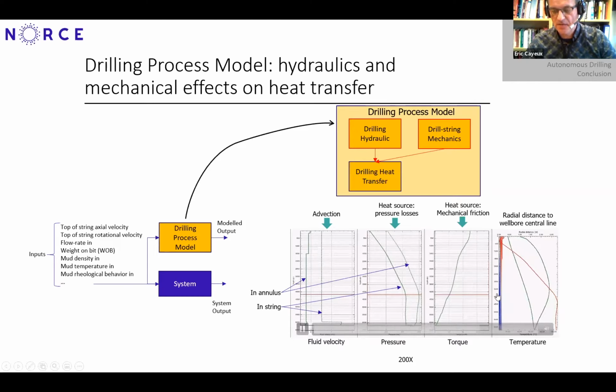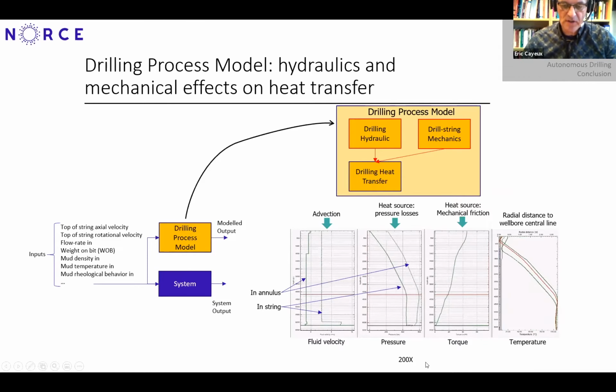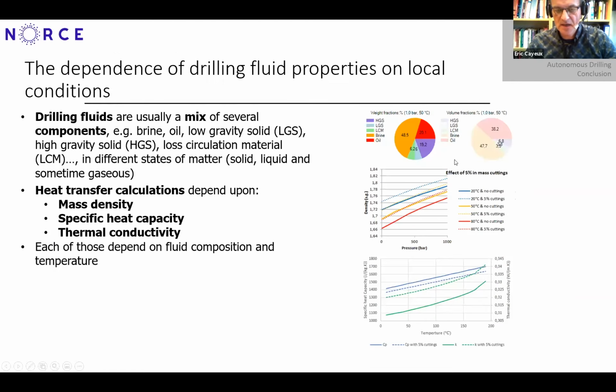And all these things are generating this heat transfer that I'm simulating here, which is shown at a speed up of 200 times compared to real life. So we see that we cannot do drilling heat transfer calculation without considering drilling hydraulics, without considering drill string mechanics.